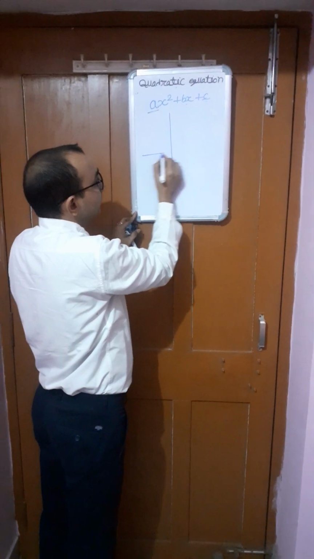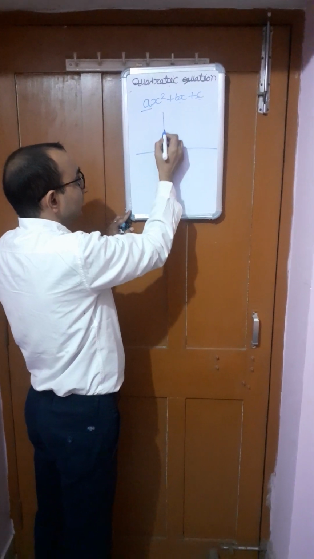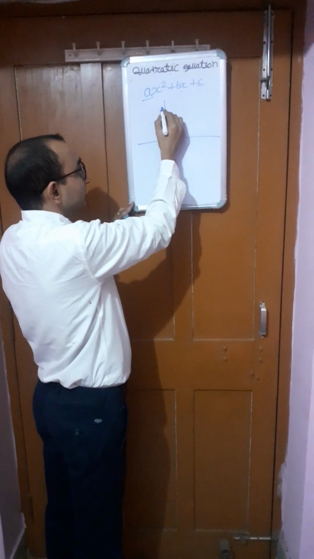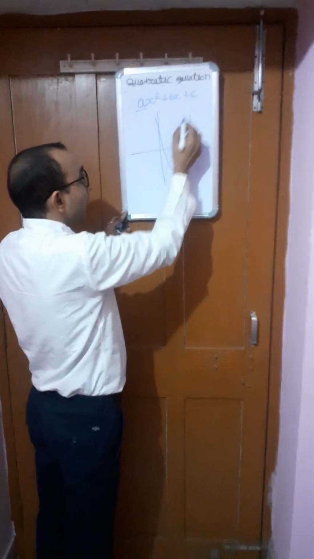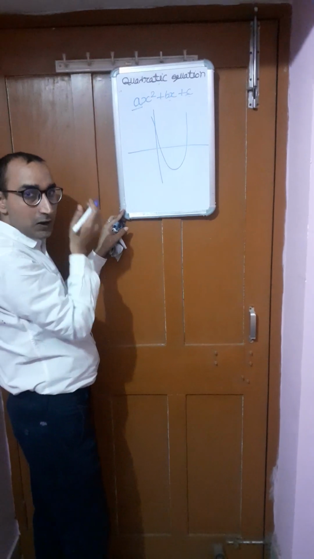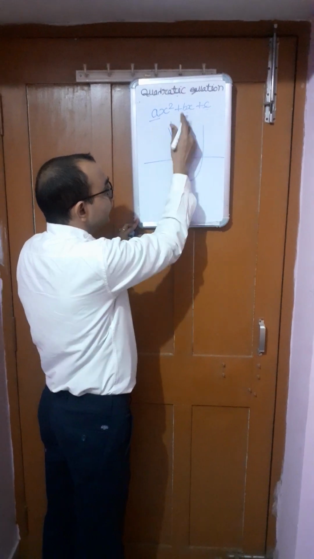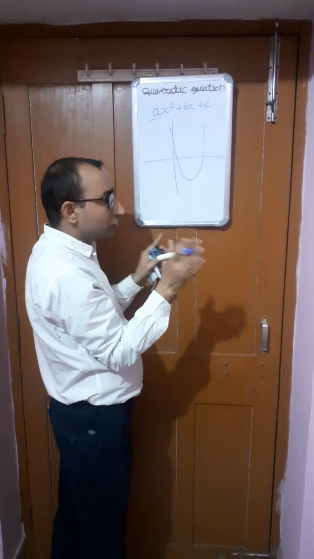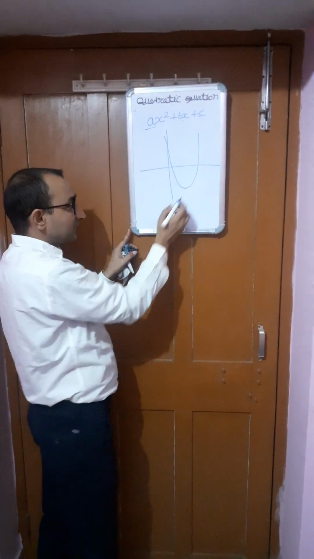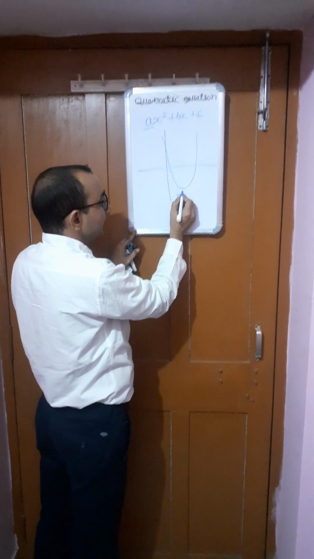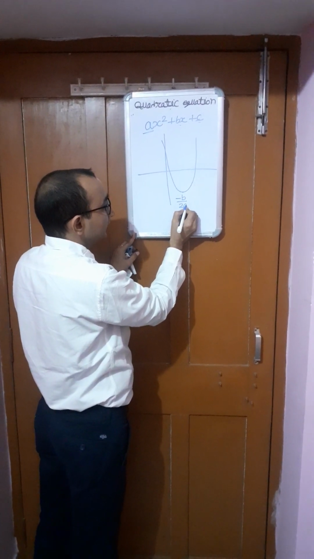If a problem is given, how can we find the sign of b? The sign of b can be found from minus b by 2a.